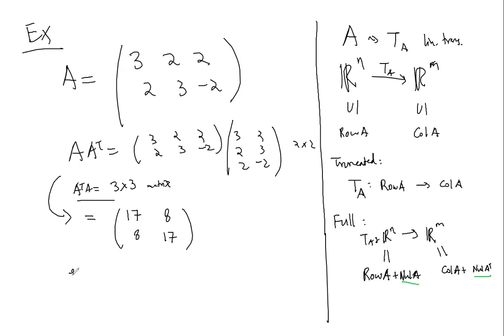Okay, and so the eigenvalues, let's see, the determinant of... I don't know, does someone want to quickly do this? 17 squared minus 64, 225.